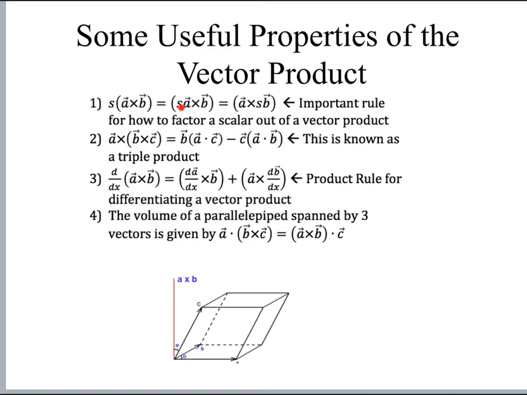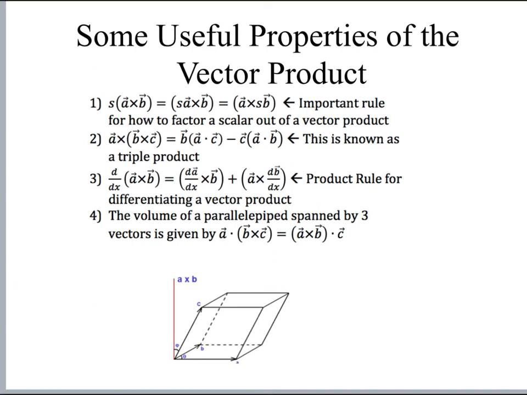It only gets distributed to one. So S times the cross product A cross B is the same as S times A then crossed into B, or A crossed into S times B. If you distributed them both, SA cross SB, that would basically be like multiplying it by S squared. So you want to be very careful when you do those kinds of distributions.